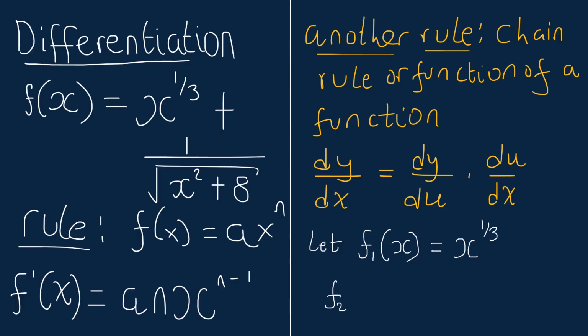It is a good practice to split up f of x, especially when the exercise has too many complex terms. You can solve one term as f1 of x and another term as f2 of x. Then add the differentiated terms to get f prime x.